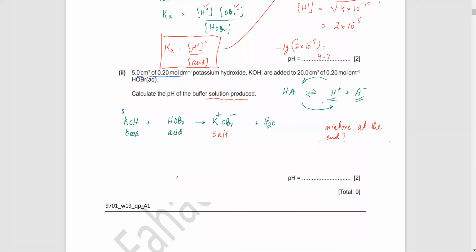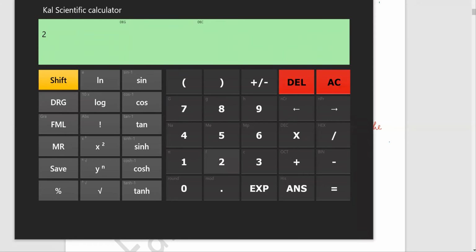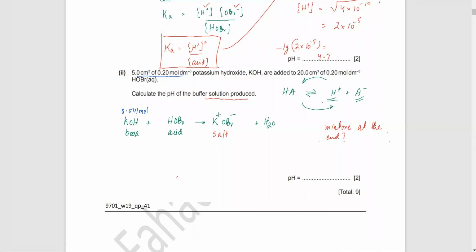The moles of KOH that you have are 0.001. Similarly, you need to find the moles of HOBr. You're given 20 cm cube and the concentration is 0.2 mole per dm cube. So that's going to be 20 times 0.2 divided by 1,000. So you get 0.004 moles.